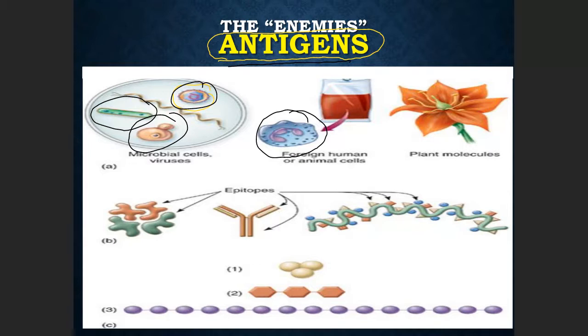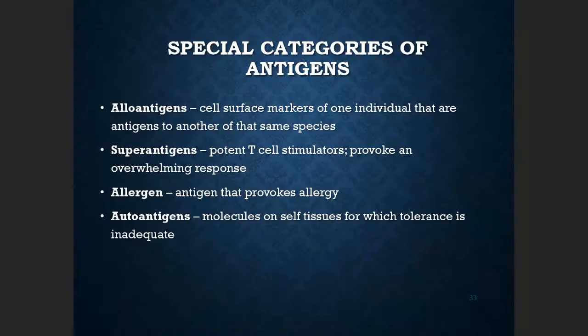Or maybe part of the plant molecules, like pollen, for example. That's an allergen. An allergen is also considered an antigen. Or maybe hair, dandruff, animal hair, part of the skin of animals, or some other things that enter into our body that have the potential to cause disease. They are all called antigens.